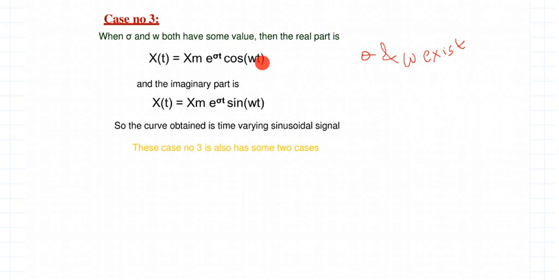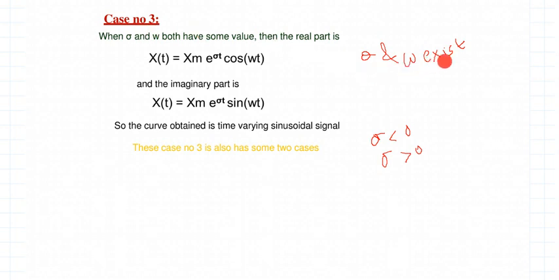Now we will discuss this case number 3 further with two cases. There can be two further cases because we want to analyze the effect of sigma. So we will discuss this effect when sigma is less than 0, and when sigma is greater than 0. We are going to discuss case number 3 where both sigma as well as omega exist.